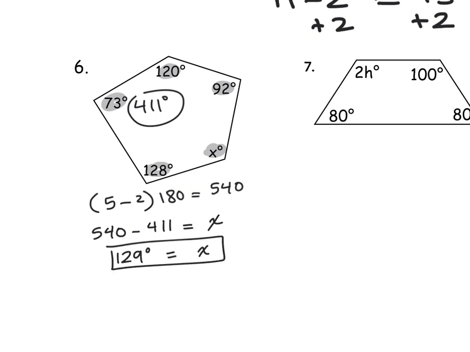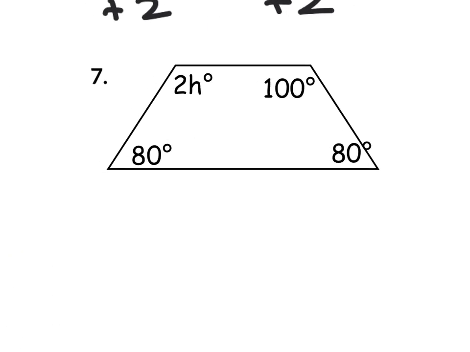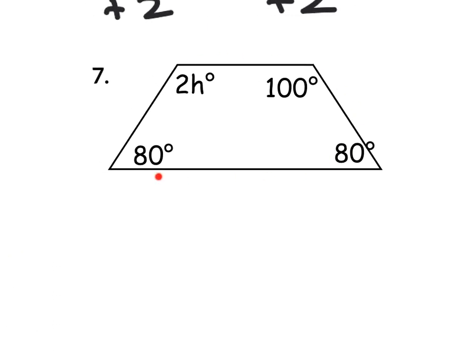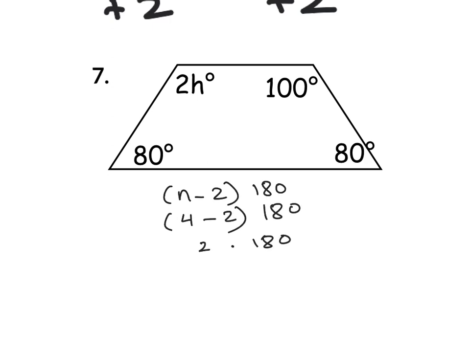Now let's move on to number 7. Same idea. So this is a quadrilateral, so I already know that the sum of the angles is going to be 360. Now, yeah, I can use the rule, n minus 2 times 180. And since it has 4 sides or 4 angles, that's going to be 4 minus 2 times 180. And then 2 times 180 is 360. I can do that, but then it would be a waste of time because I already know in a quadrilateral the sum of angles is going to be 360.